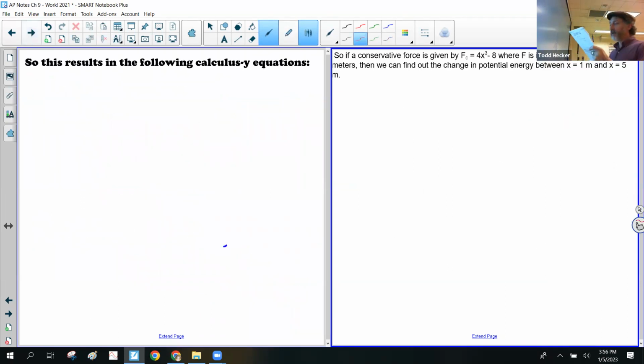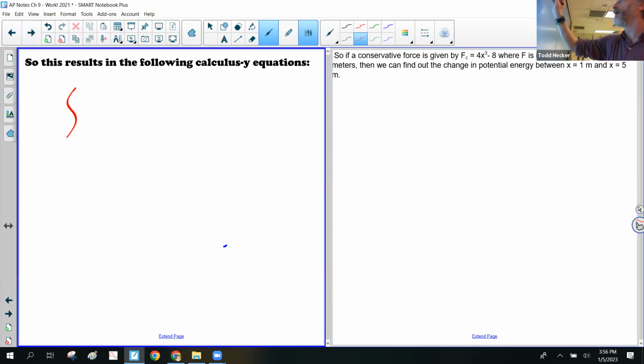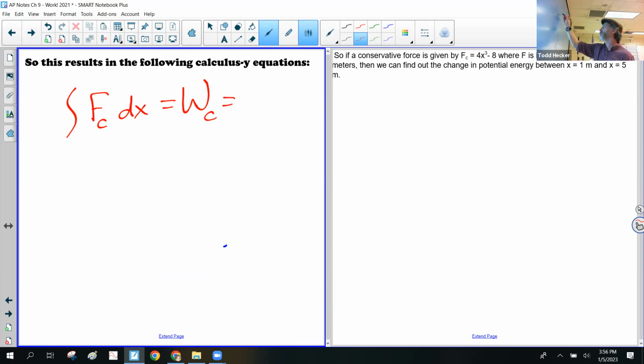Okay, so here's what we know. If you integrate a force with respect to position, it gives you the work. And if you integrate a conservative force, it gives you the work done by that conservative force, which is equal to the opposite of the change in potential energy associated with that conservative force. So there's nothing really new there.